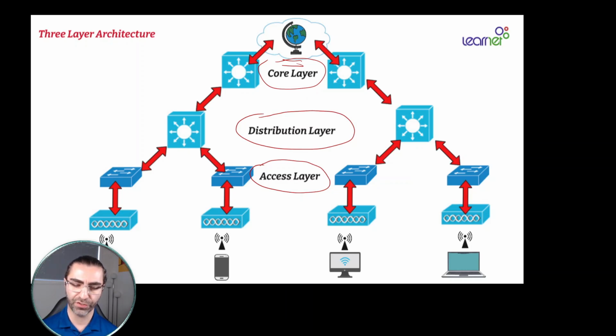In some situations, we can combine the core layer and distribution layer, and we call it collapsed core, where we have only one layer on top of the access layer, and we normally call it the core layer in that situation. Anyway, our wireless access points, or WAPs, normally connect to the access layer switches, and from there they provide wireless connectivity to our wireless devices like phones, computers, tablets, or whatsoever.